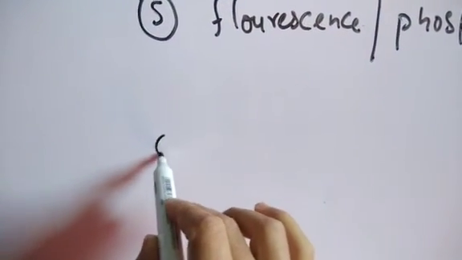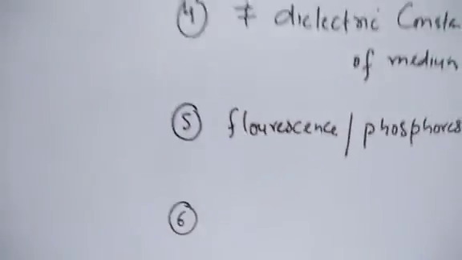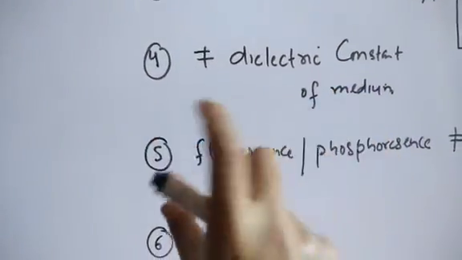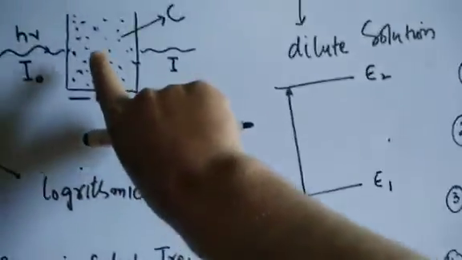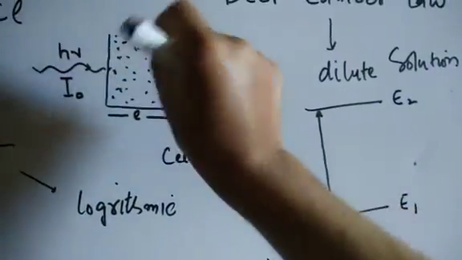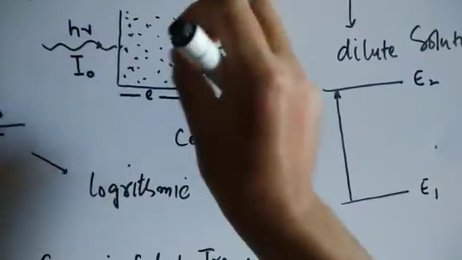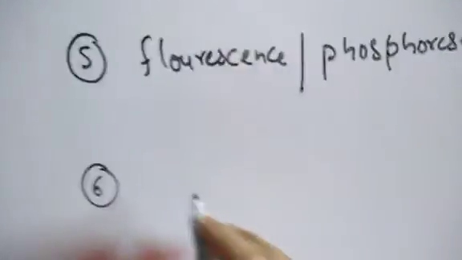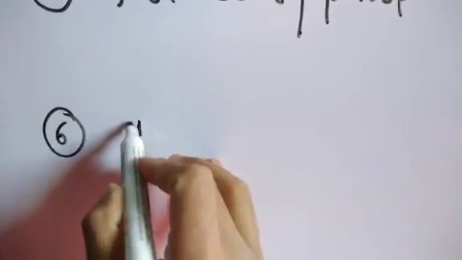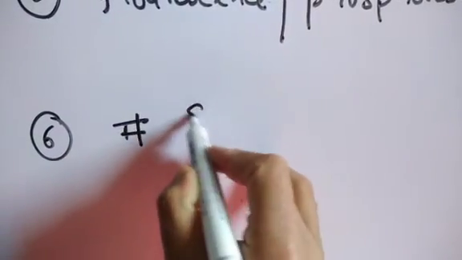Likewise if you have one more point, अगर मीडियम आपका प्रॉपरली होमोजीनियस नहीं है, जैसे इट शुड नॉट बी ए क्लियर सोल्यूशन, होमोजीनियस मीडियम नहीं है, रादर इसमें स्कैटरिंग पार्टिकल्स, कुछ ऐसा सोल्यूशन बनाए जिसमें पार्टिकल स्कैटरिंग है, देन इट विल नॉट होल्ड गुड. सो देयर शुड बी नो स्कैटरिंग issues.